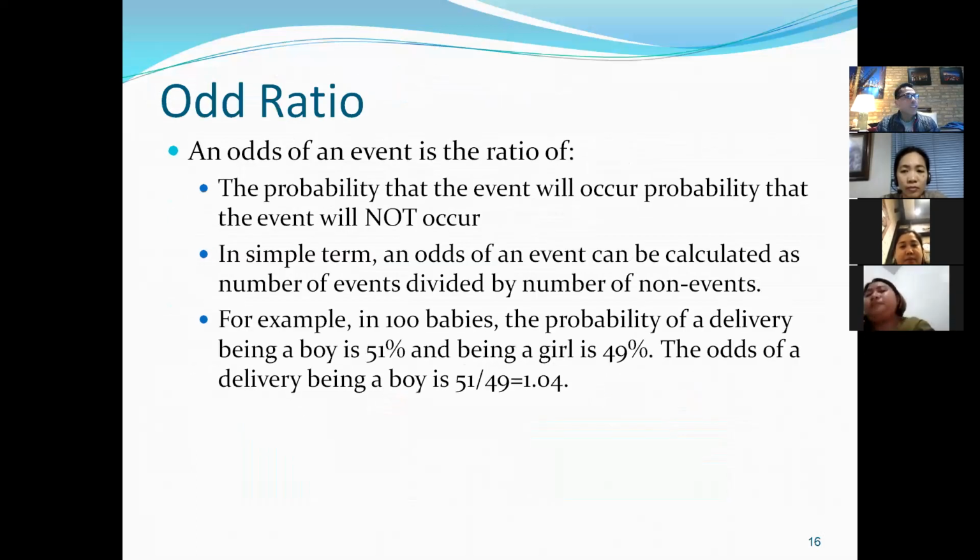So going back to when do we use odds ratio and when do we use relative risk? An odds of an event is the ratio of the probability that the event will occur to the probability that the event will not occur.